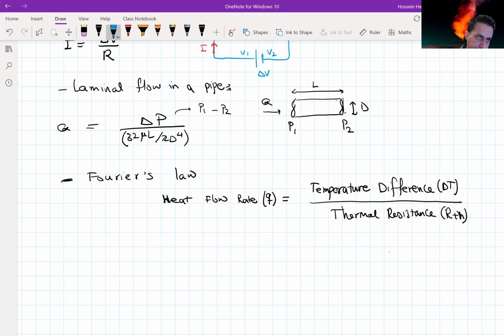Now, this is the flow rate of thermal energy.